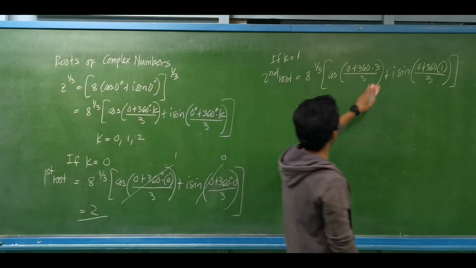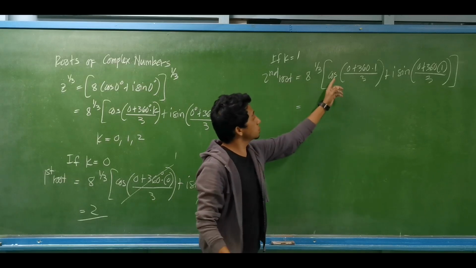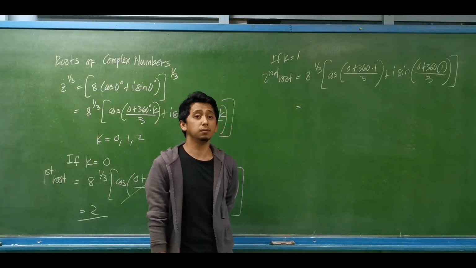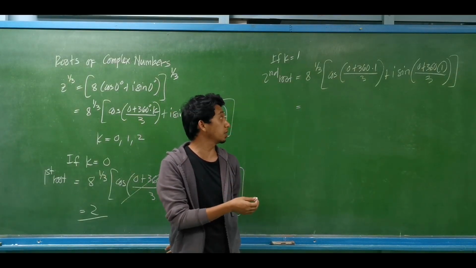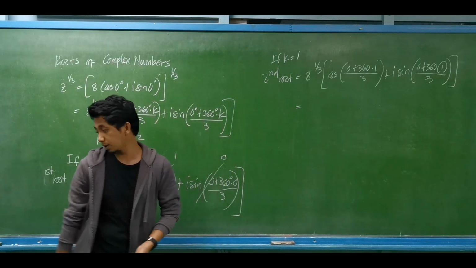So what is cosine of 0 plus 360 times 1 over 3? 360 times 1 divided by 3 is 120.